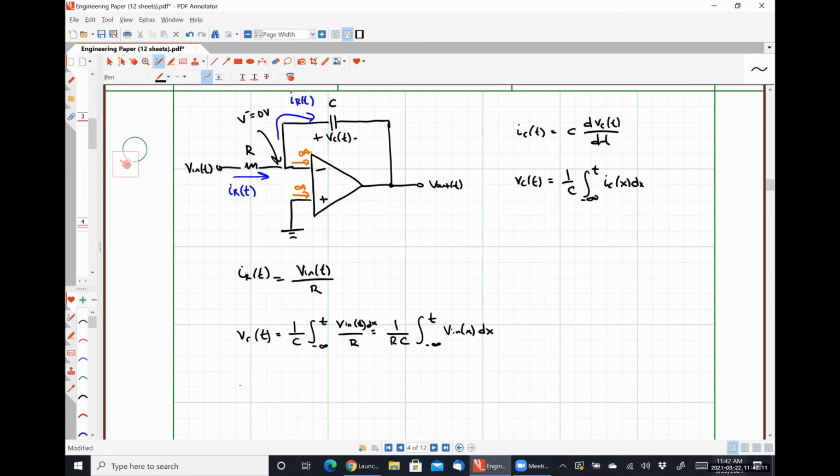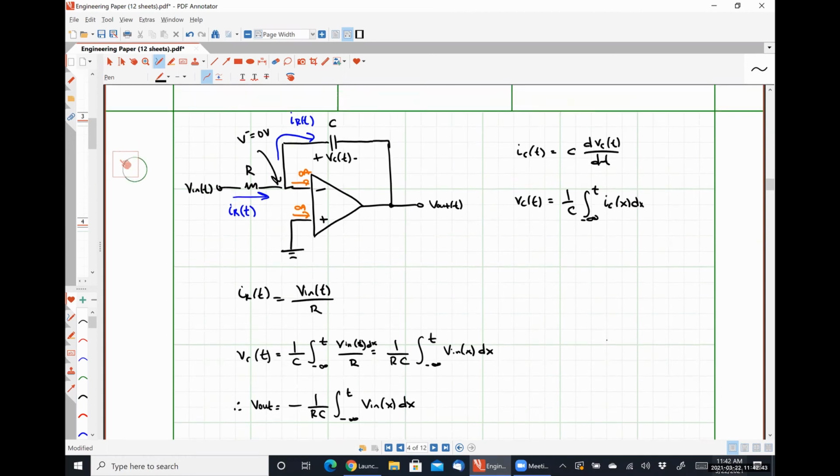So this leads me to V out equal to negative 1 over RC times the integral from negative infinity to t of Vin(x) dx. So obviously this is an integrator, because our output signal is a scaled version of the integral of our input signal. So let's write that down up here.